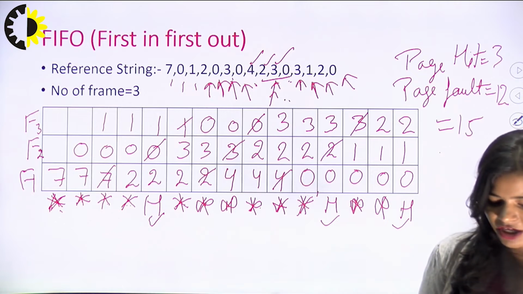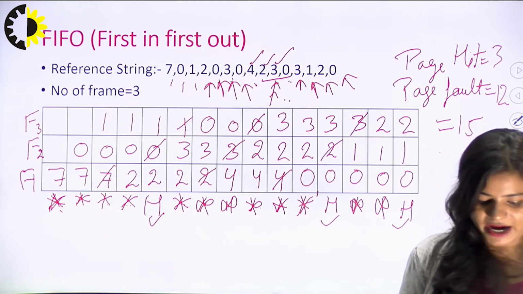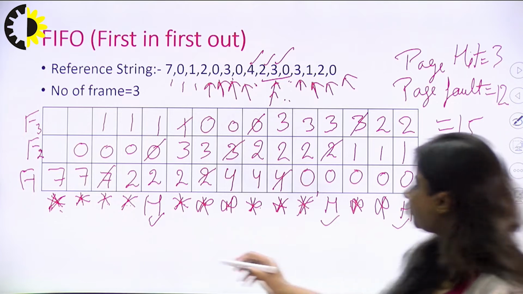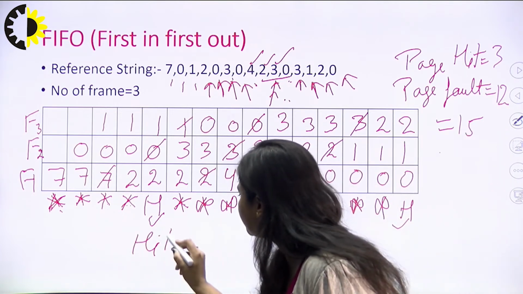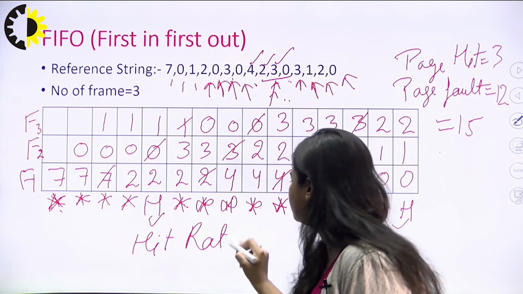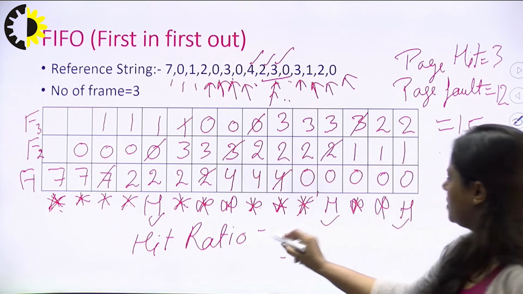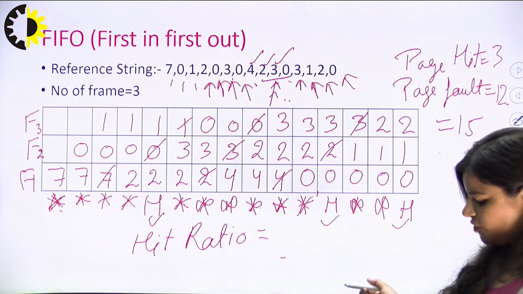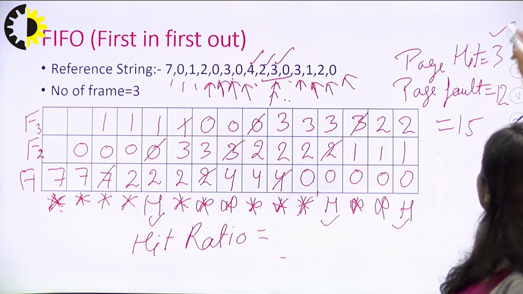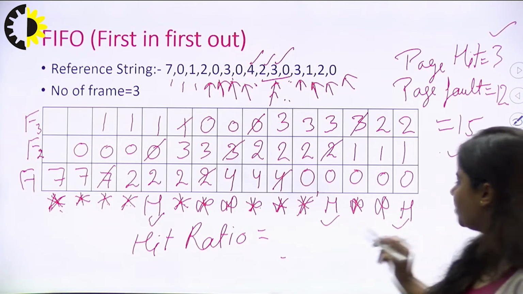We have to find out the ratios, hit ratio and miss ratio. So how will we find the hit ratio? For the hit ratio, the formula is number of hits divided by number of references.